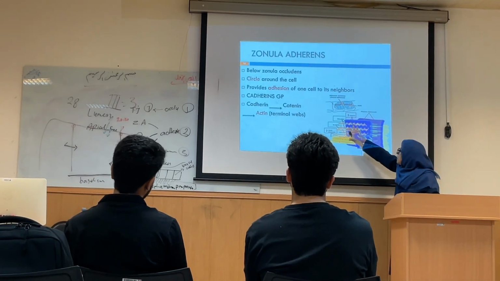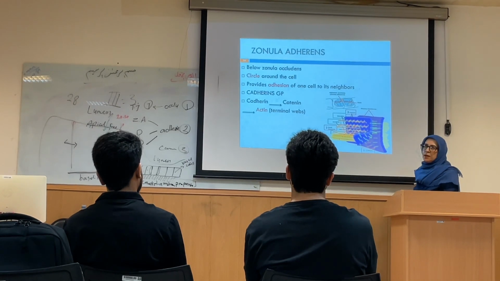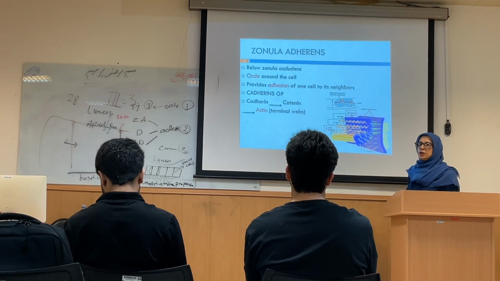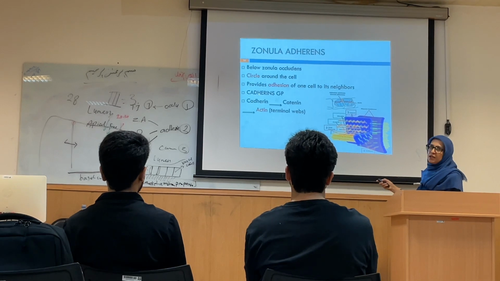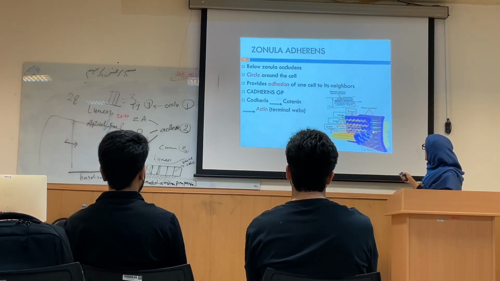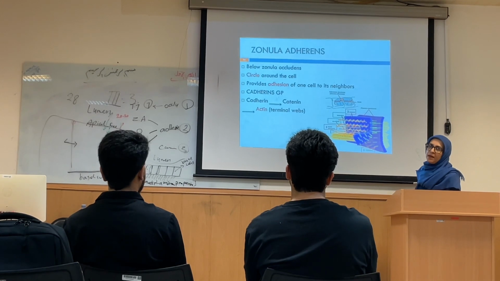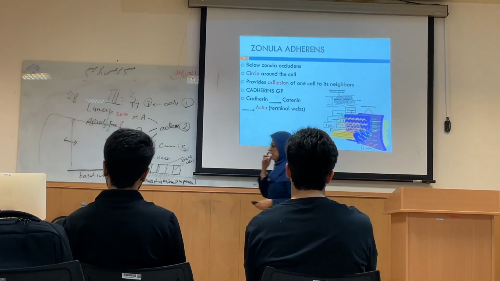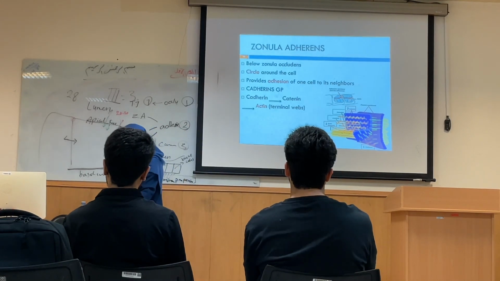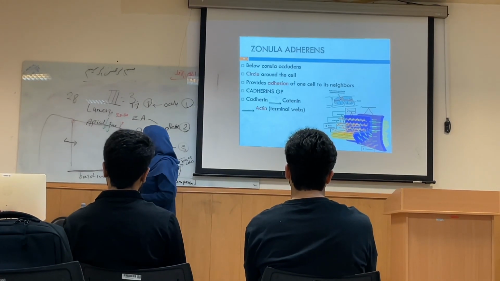Between the paracellular space, the cytoplasmic surface of one cell and another cell, the cells are attached together by proteins named cadherins, which are glycoproteins. Cadherins are here in the paracellular space, and through some other proteins they finally attach to the actin filaments in the cell.